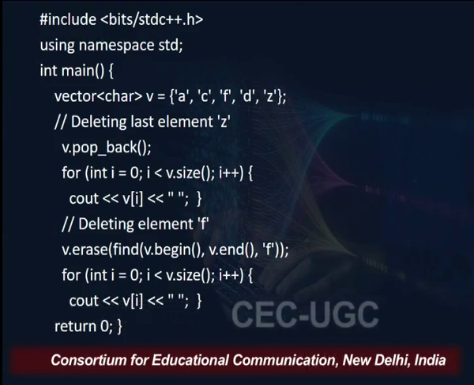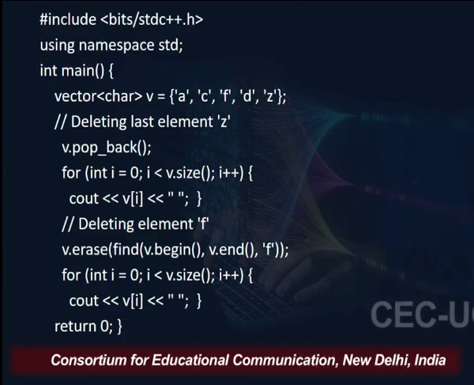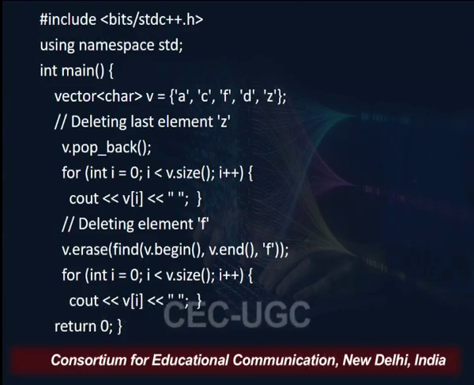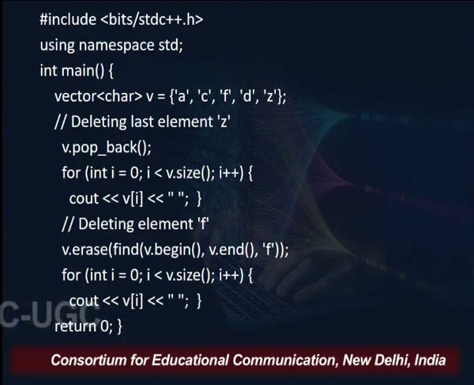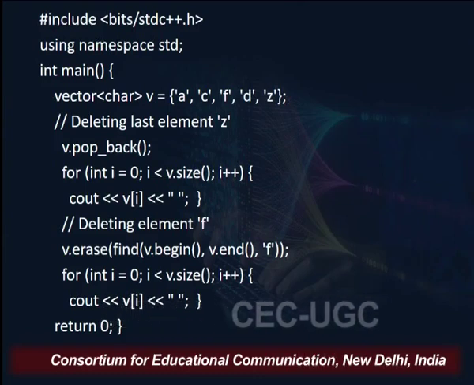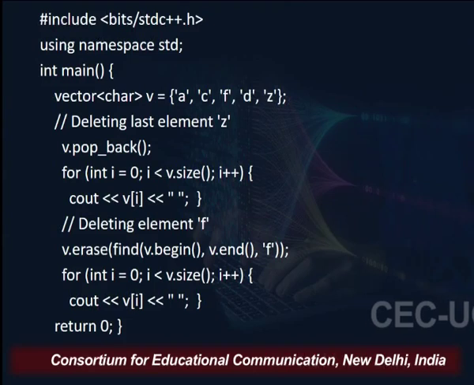Z is obviously deleted or erased from here. Then we have for integer i equals 0, i less than v dot size, i plus plus. That means here I am trying to access the elements, and I have already told you the output, that only 4 elements a, c, f and d are there. Z is already removed.